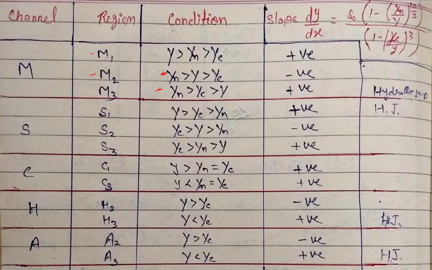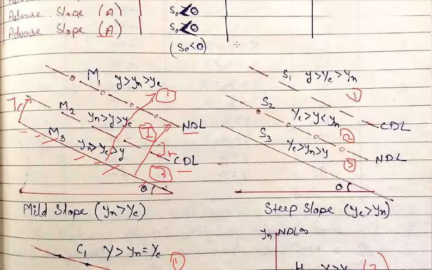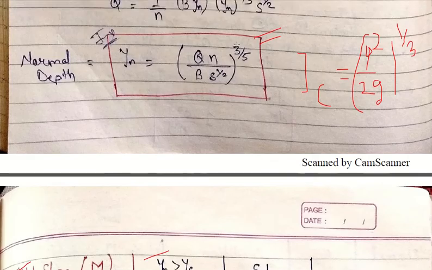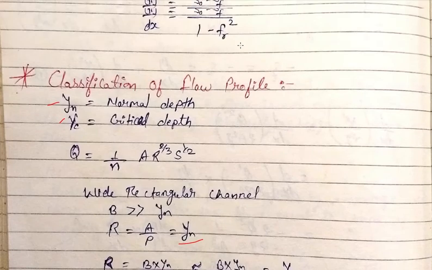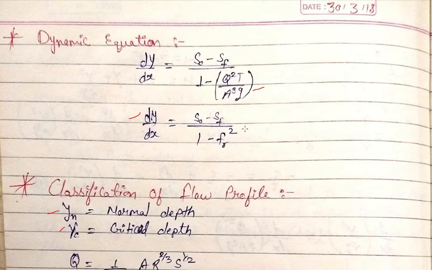So here SO is greater than SF, that means dy by dx, we will see the formula. In the previous lectures we saw the formula dy by dx equals S naught minus SF by 1 minus Fr square. We are using this equation.